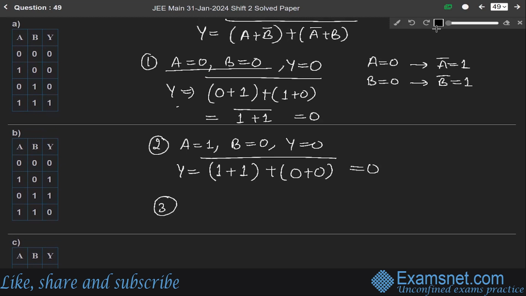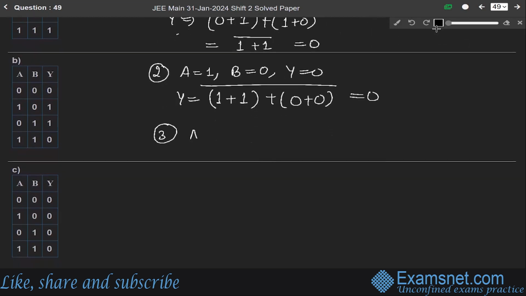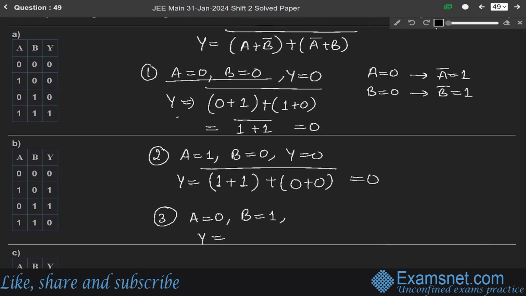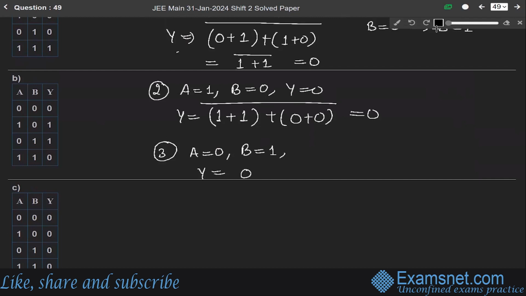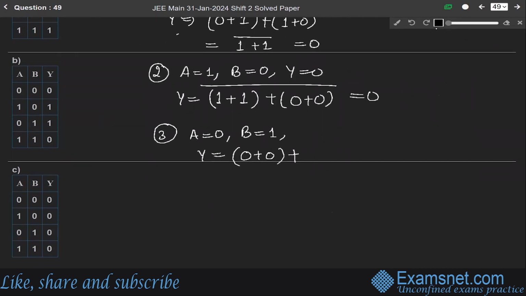Now third condition, when A is 0 and B is 1. So at that time Y will be equal to what? A plus B bar, that is 0 plus 0, plus A bar plus B means 1 plus 1. So again it will be equal to 0. So here also Y equals 0.